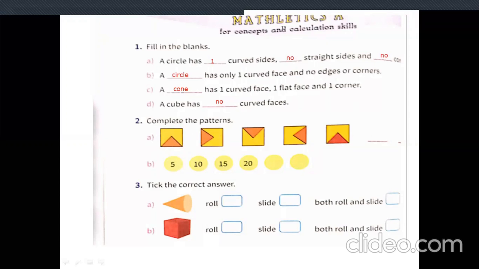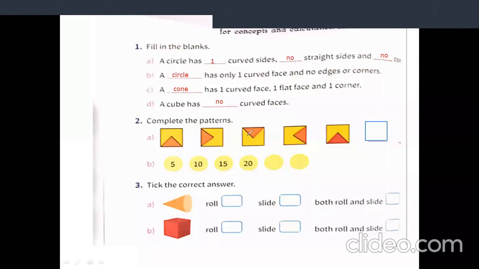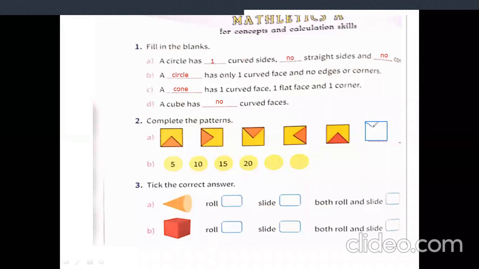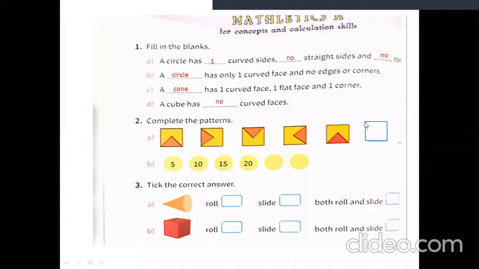So you have to draw inside a square a triangle facing which side? After up, it should face right side.